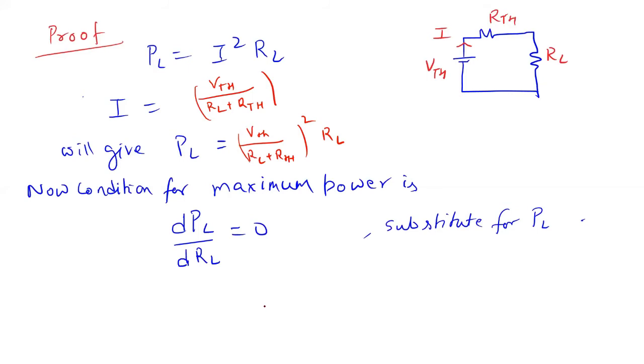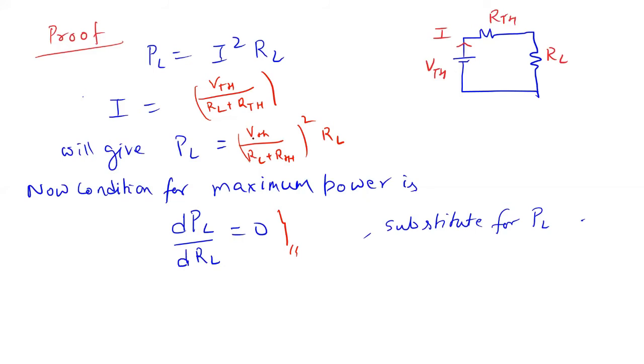Now for the condition for maximum power, everyone knows from mathematics that the derivative should be 0 to get the maxima or minima. So I would like you to put this value in place of PL and differentiate with respect to RL, and let me know what the value of RL is. Please do this differentiation, put the value of power in this equation and obtain the value of RL.